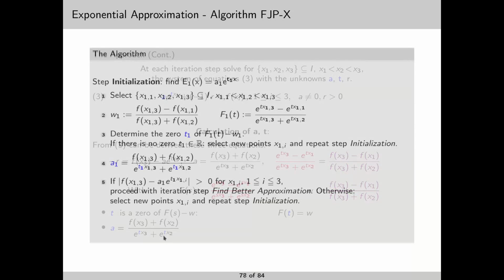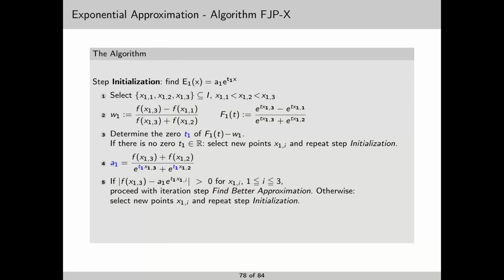Now, putting everything together, this is algorithm FJP-X. For the calculation of a first approximation, select any 3 points of interval I, for instance, equidistant points as in the example above. Compute W1 and determine the zero of function capital F1 minus W1. This then is coefficient T1.